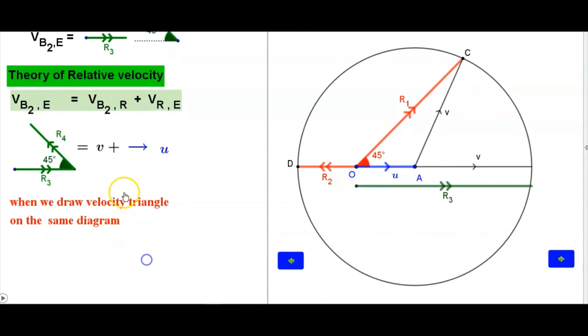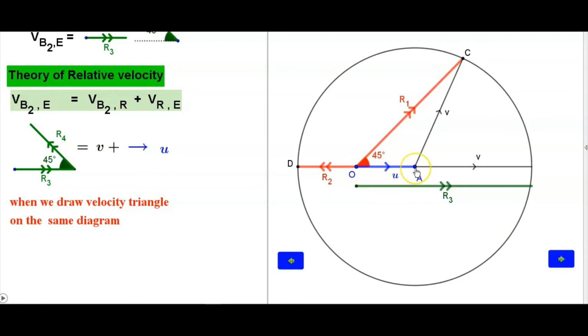First start from U, this is the U, then V in this direction, because R3 is also in the horizontal direction. U here, then V, then the resultant is R3 in this direction. Then we want to draw one more resultant, R4.